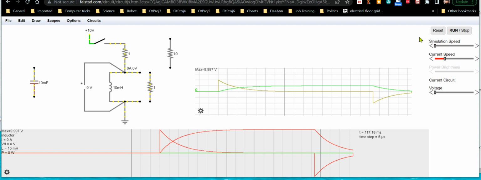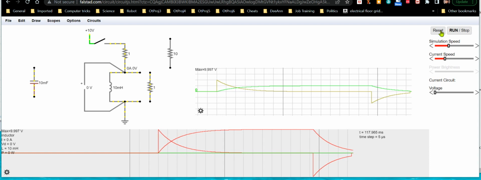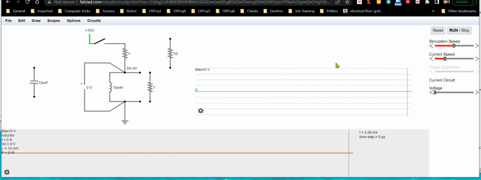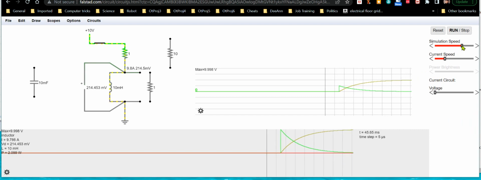Let me go ahead and run the simulation, but I'll reset it. I'll go ahead and flip the switch. Let's get it moving along here.